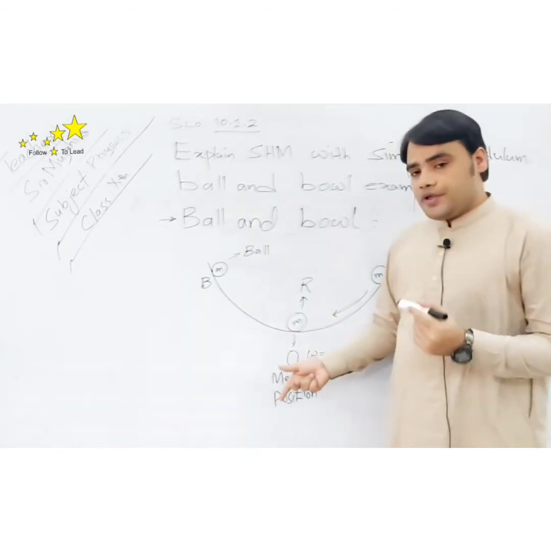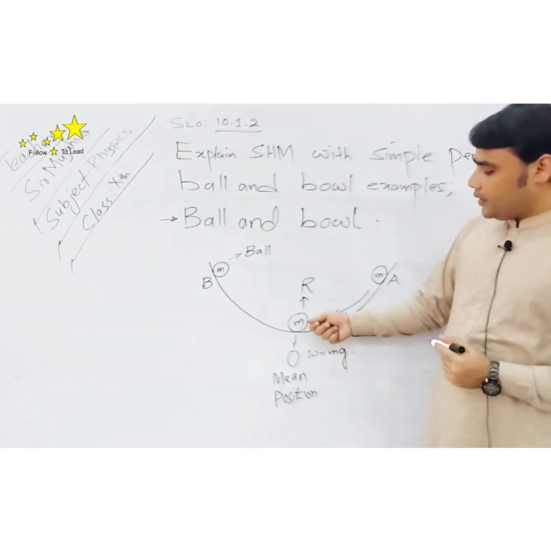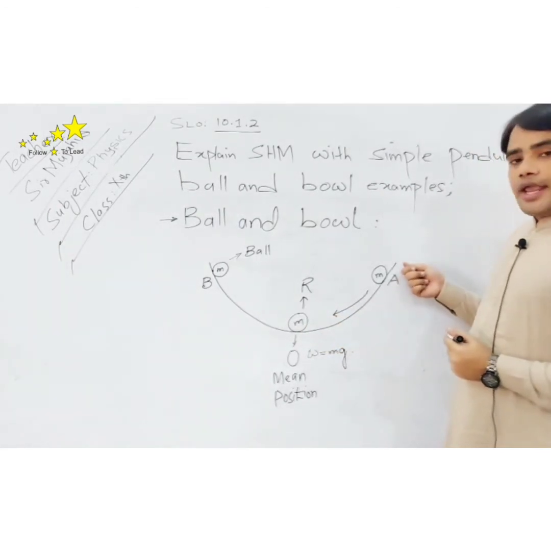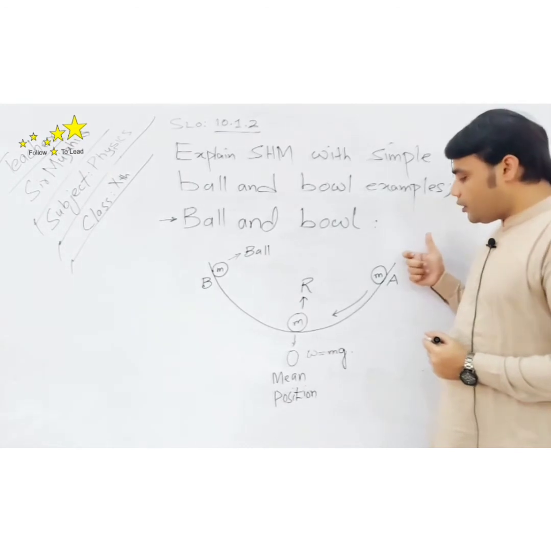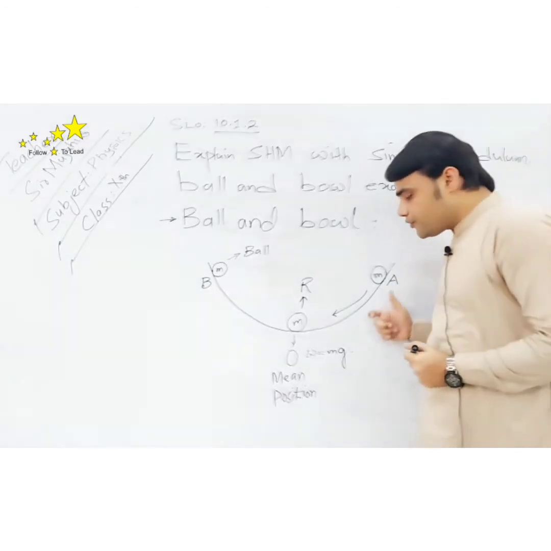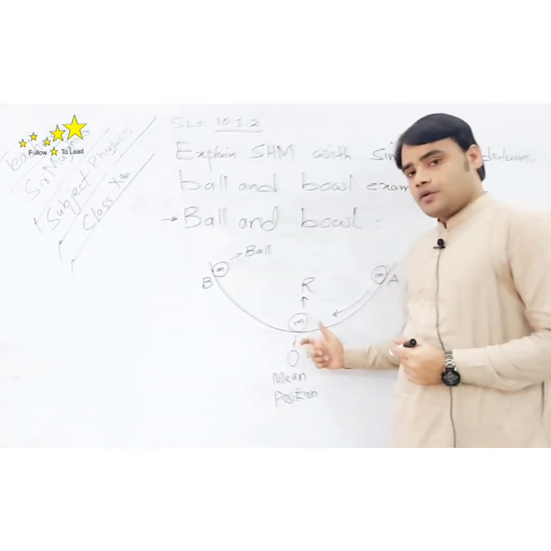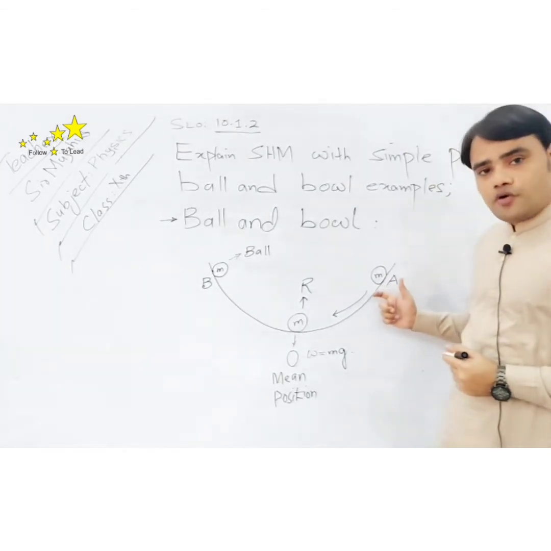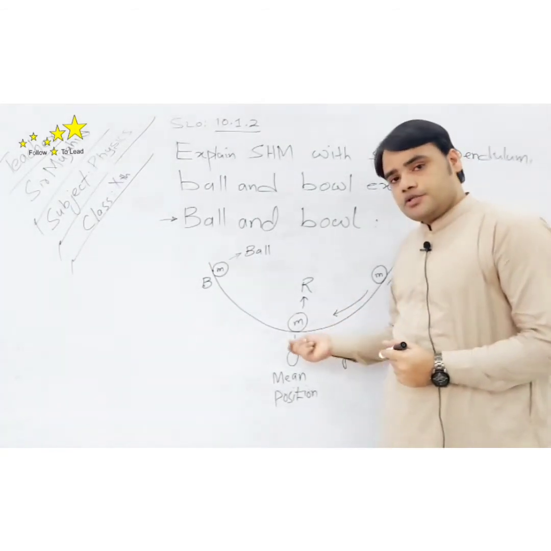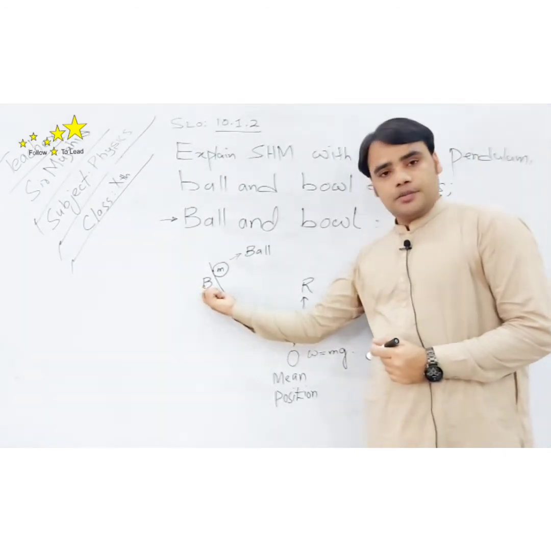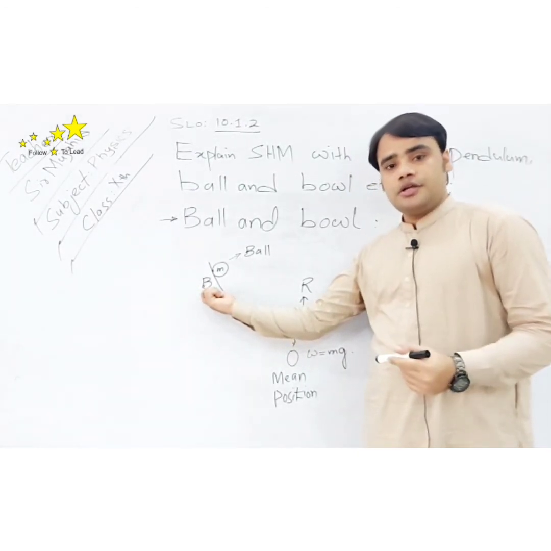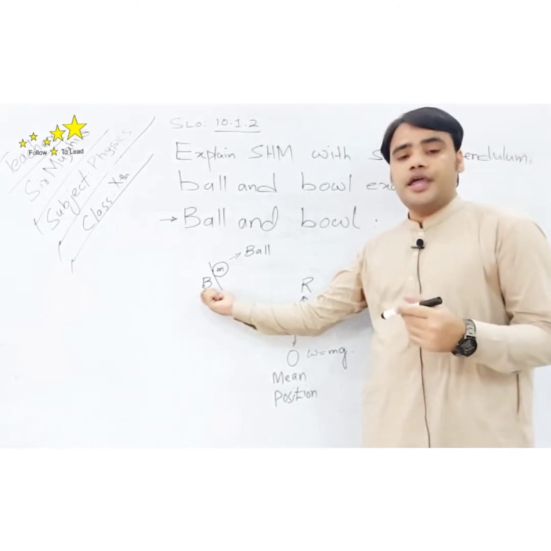When we bring this ball towards position A and then release it, what happens? This ball will start to move towards position O because of the elastic restoring force, and it continues its motion from position O to the other extreme position B due to gravitational force and inertial force.